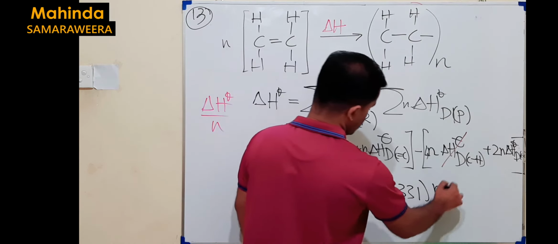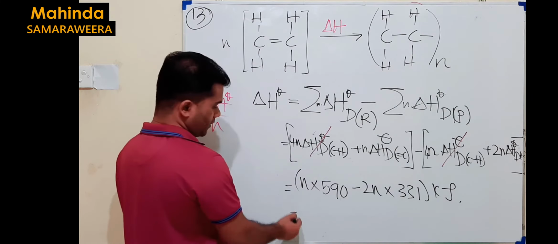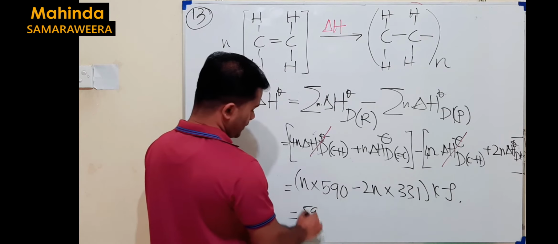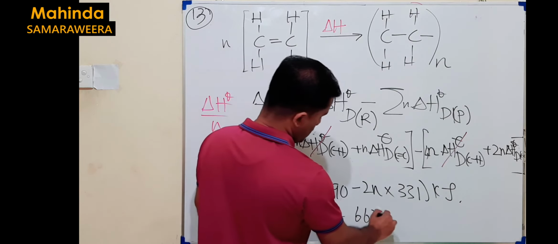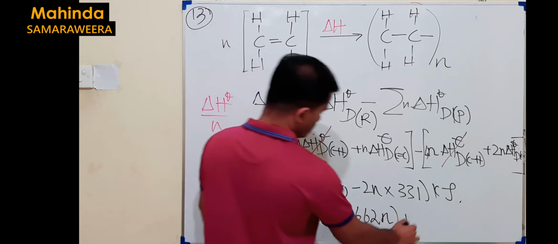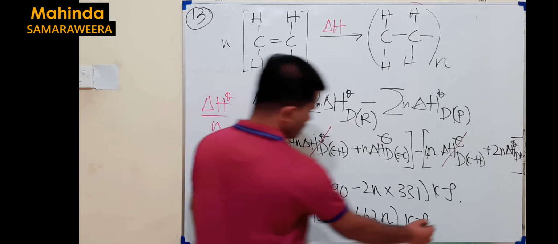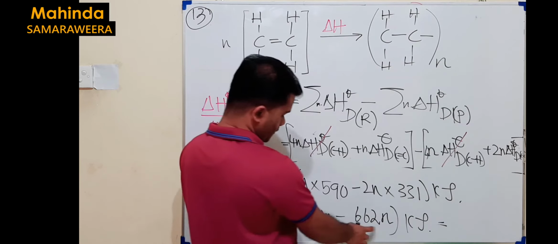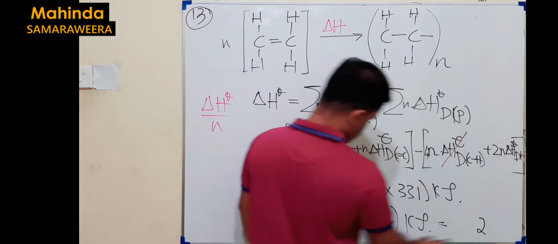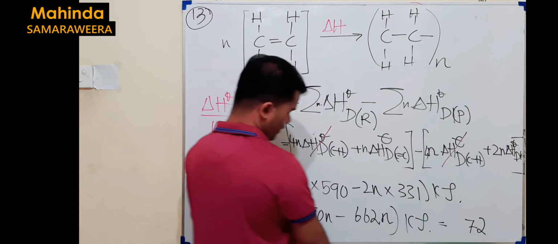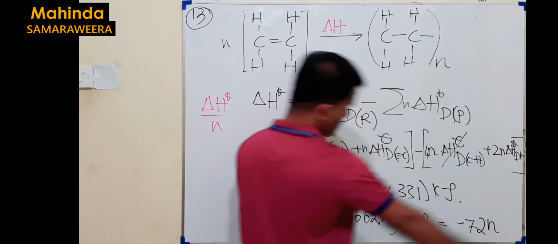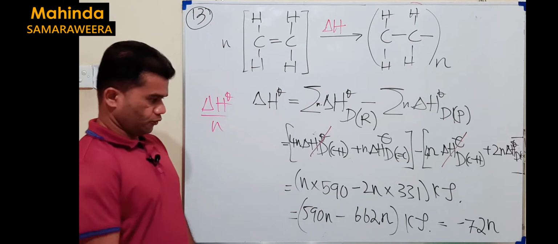That's in kilojoules. So what do we get? 590n minus 662n kilojoules. So what is that? We get minus 72n kilojoules.